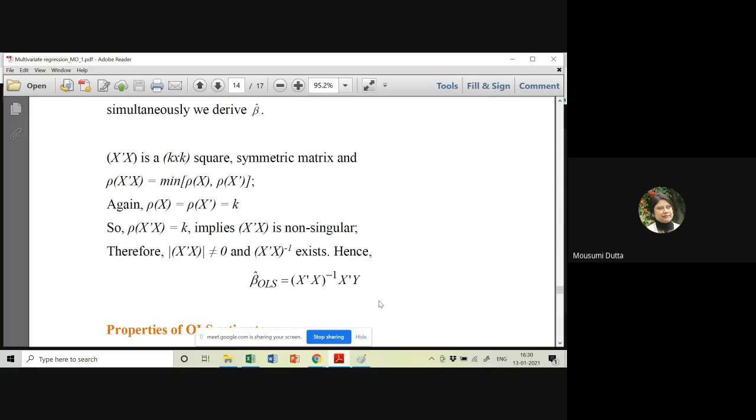Now here we are applying matrix algebra, so I cannot write x prime y by x prime x. So we present the similar idea incorporating x prime x inverse. So beta hat OLS is given by x prime x inverse x prime y. Any question?